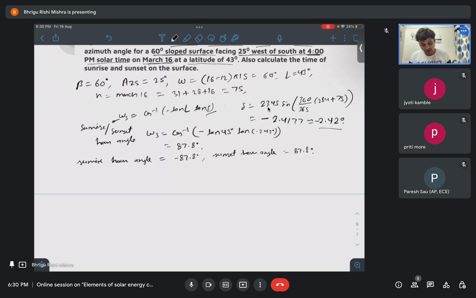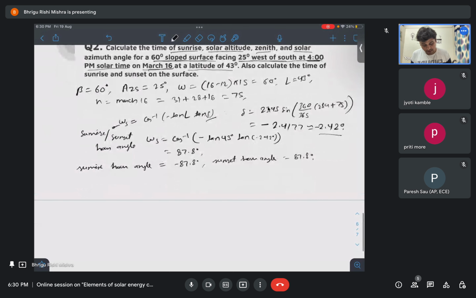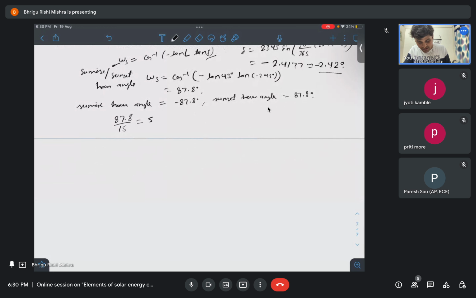Now we need to calculate the time of sunrise and sunset. In order to do that, first we need to divide this omega s by 15. So 87.8 divided by 15 is around 5.853 hour.